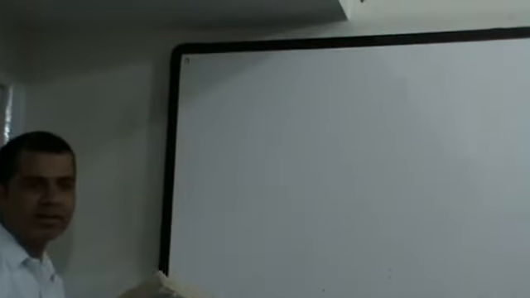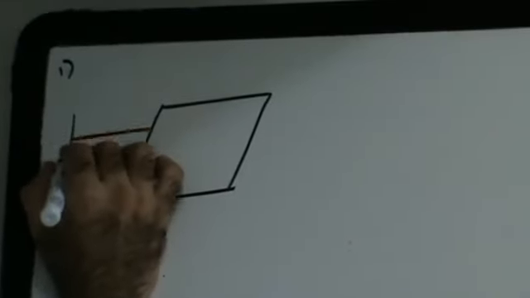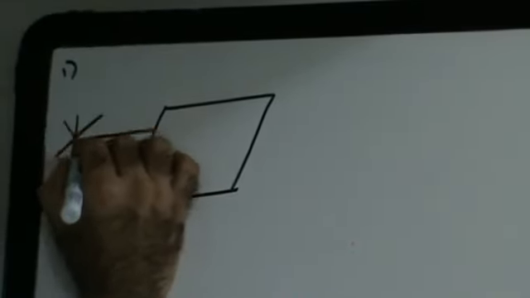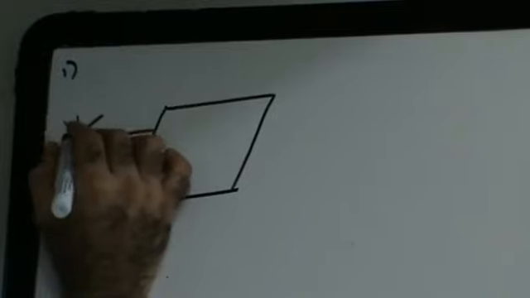When a ray of light is incident on a calcite crystal, suppose I have this, this is your ray of light. Let us assume that this is your ordinary ray of light, which has vibrations in all the directions.